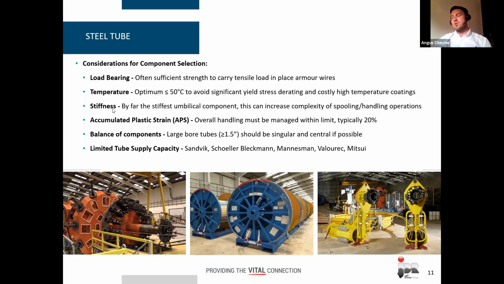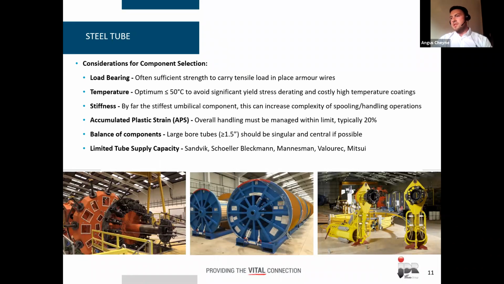Tubes are by far the stiffest umbilical component, and if you have a large number of tubes or a large bore tube, this can dramatically change the mechanical characteristics of an umbilical, and the high stiffness can increase the complexity of spooling and handling operations and increase the requirements for equipment.